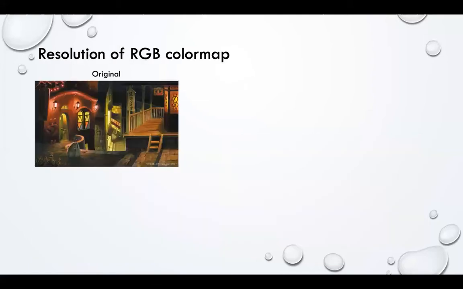Previously we talked about how we download the NCL color map. Here I want to show you how the color map will change in the figures. This is one image, actually from one animation. The original has 256 colors in this figure.